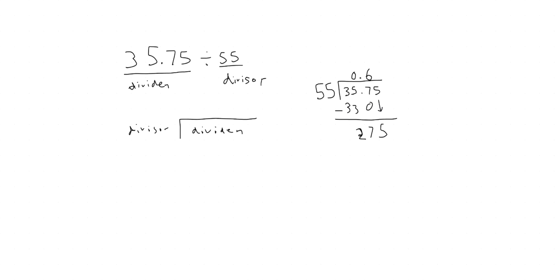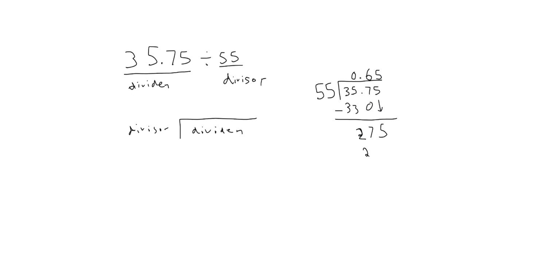275. Now the next step is figuring out 275 divided by 55, or how many 55s can go into 275? Well, the most is 5 times. 5 times 55 is actually 275.